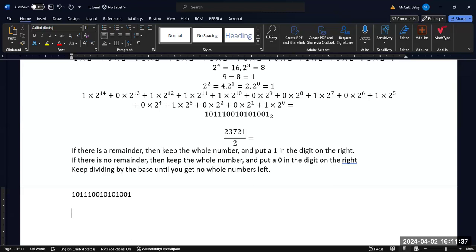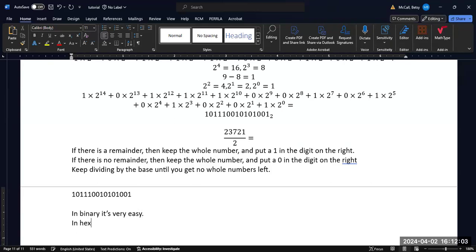Now, again, you can do this with the other one, 23,721. If I divide by 16, now here's the problem, again, with dividing by 16, I get a number and then 0.5625. So in binary, it's very easy.